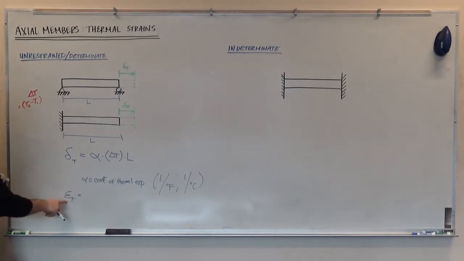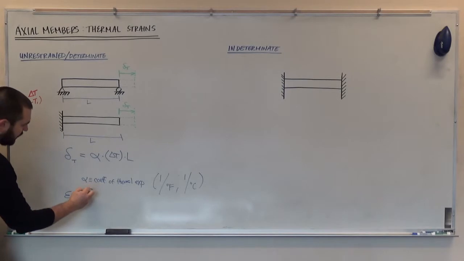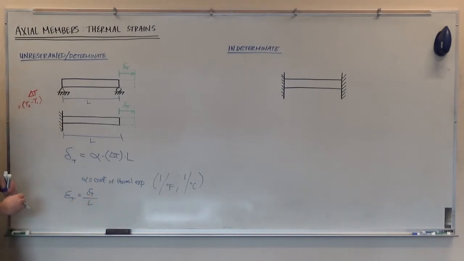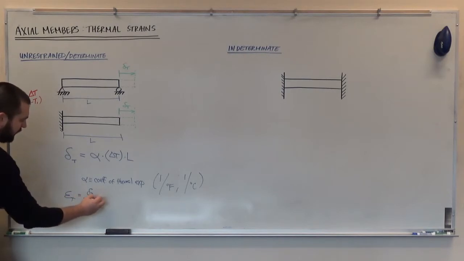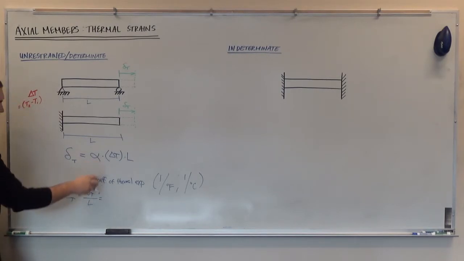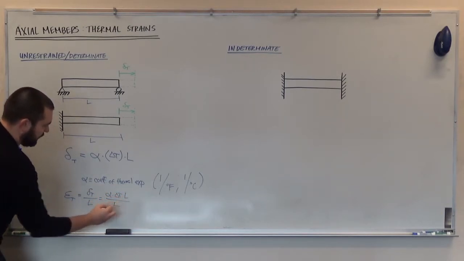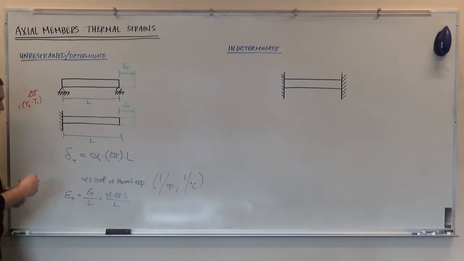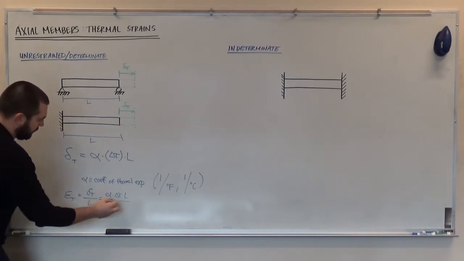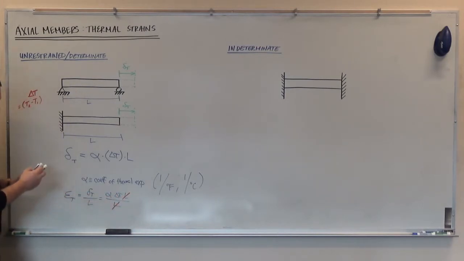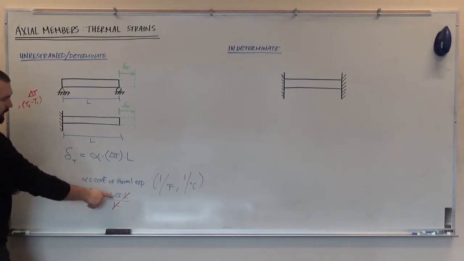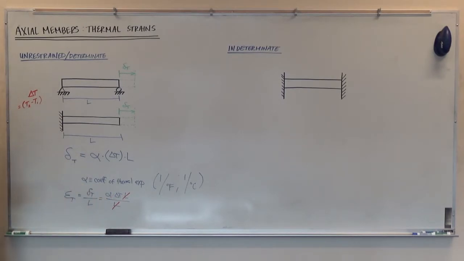So here if we said the strain is equal to the change in length delta T divided by the original length L, we can actually expand this because we have the equation up above, alpha times delta T times L in the numerator, L in the denominator. We can simply cancel out the L's here, and the thermal strain is simply equal to alpha times delta T. That's if it was asking for strain.